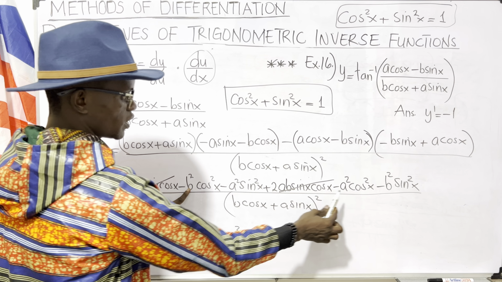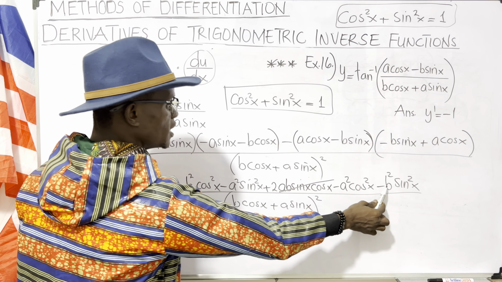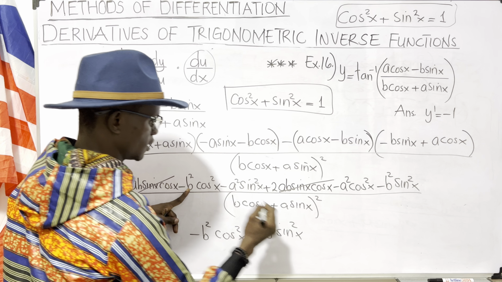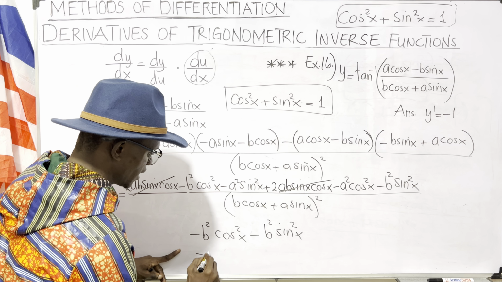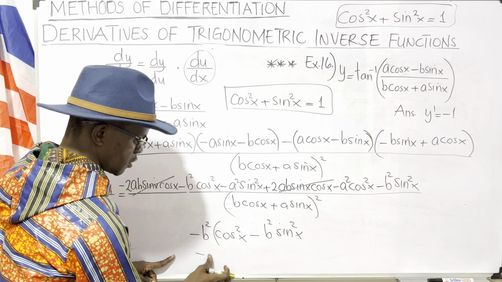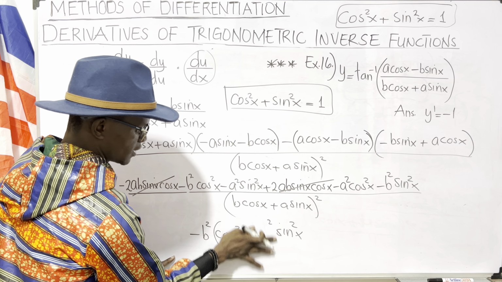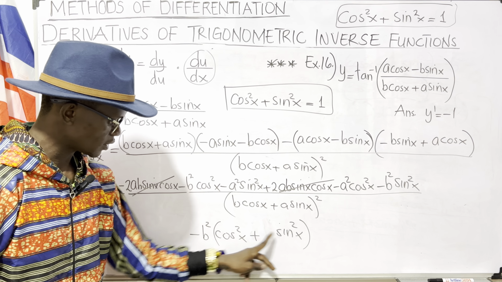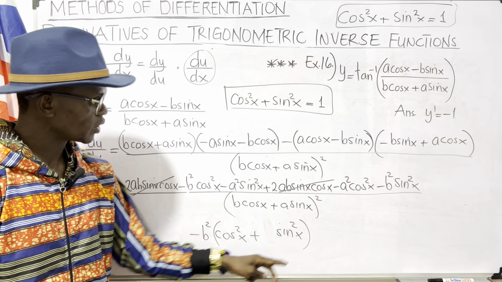We cannot pair the two of them, but we can pair it with minus b² sin² x. So if we factor out minus b², this b² comes outside. So it will be positive sin² x. That is cos² x plus sin² x. And what is it?